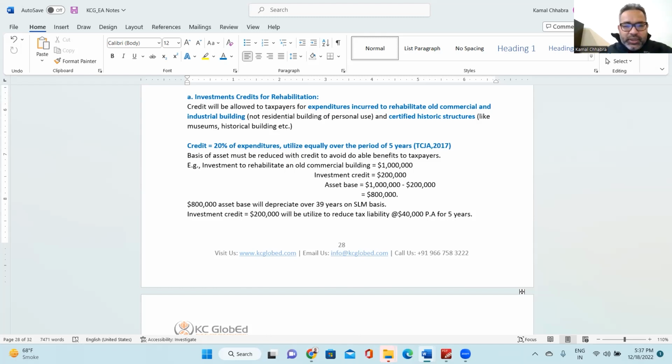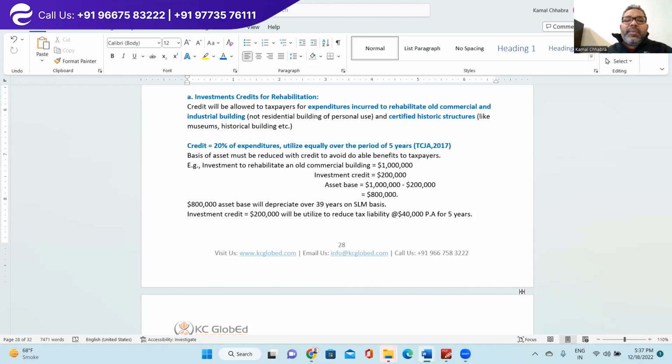So any capital expenditure you make for the rehabilitation of an old commercial or industrial building, or on a historical structure, makes you eligible for the investment credit for rehabilitation.